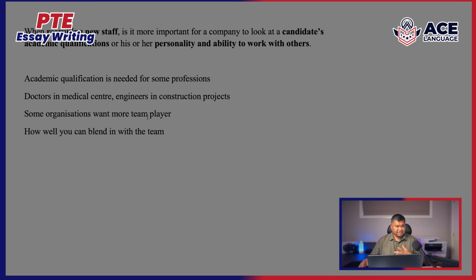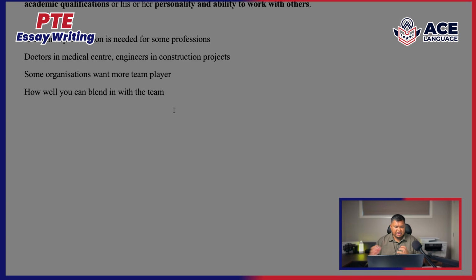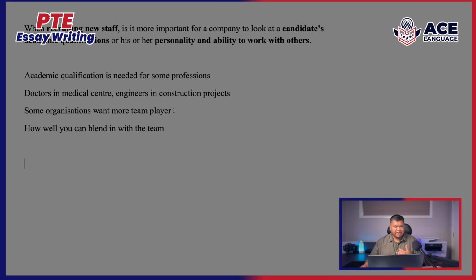Now I'm going to write the introduction. The first thing that you should write in any introduction is a general statement. A general statement is simply restating the question. Now, my question here is, when recruiting new staff, is it more important for a company to look at a candidate's academic qualifications or his or her personality and ability to work with others?